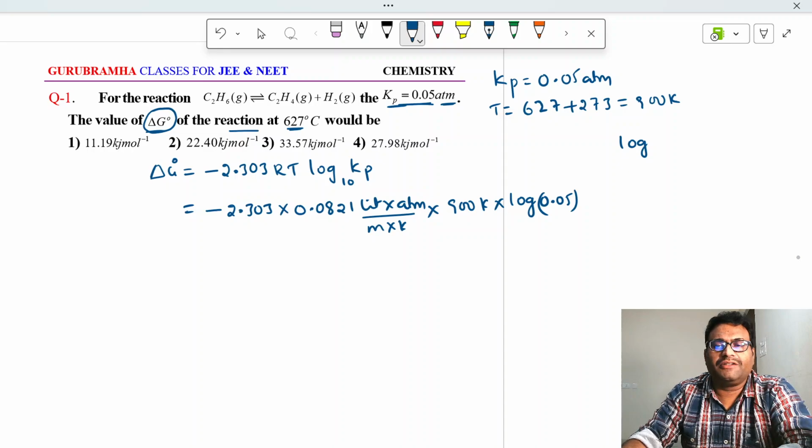Right, so let us solve this separately. Log 0.05 is equal to log 5 into 10 power minus 2.